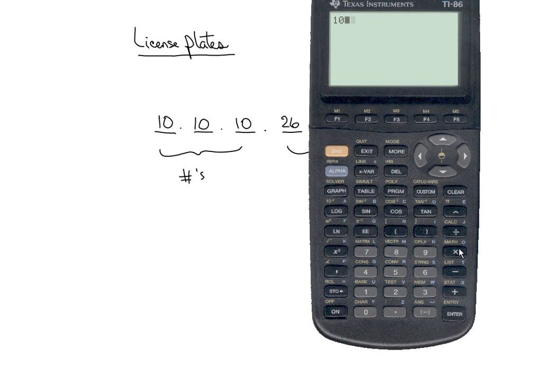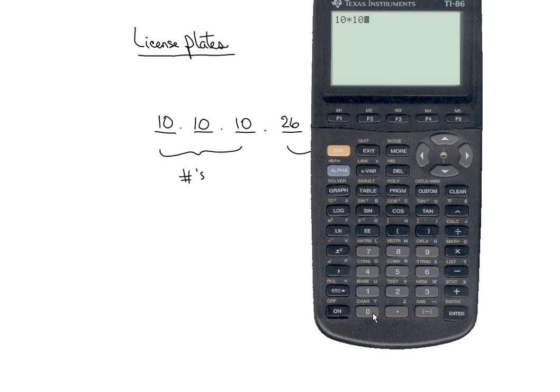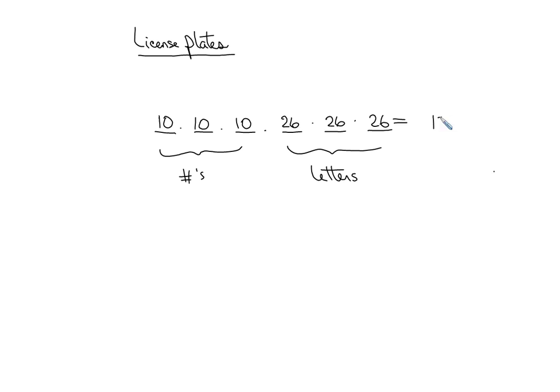And so you have 10 times 10 times 10 times 26 times 26 times 26. And so that gave you a total of 17,576,000. Okay? That's nothing, guys.